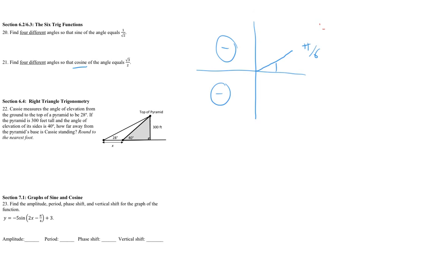So we have to go all the way over here where we get that that is 11 pi over 6. So now, to get our other angles, all we can do is just use the negatives of these ones, because if we go at it from the other way, we're still going to get those angles. So my 2 other angles are going to be negative 11 pi over 6 and negative pi over 6. So that's the 4 angles there.